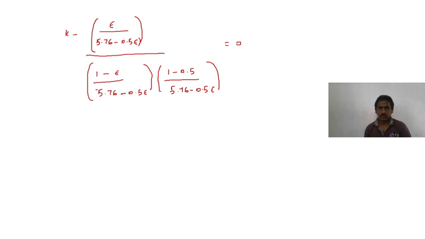Here this and this will cancel out, and the exponent is 0.5.